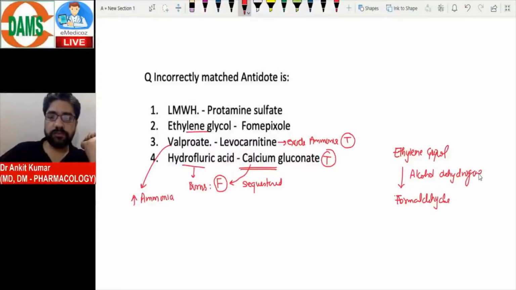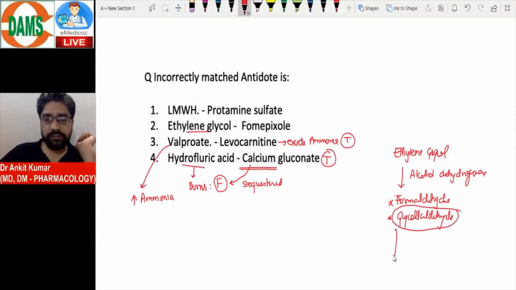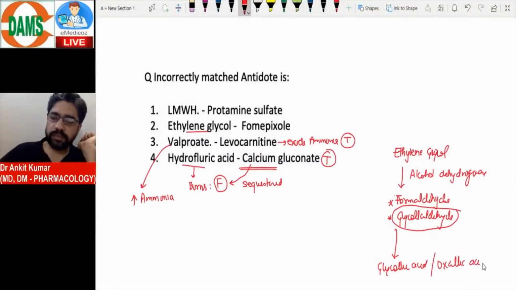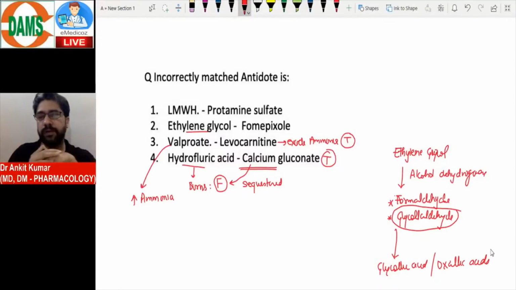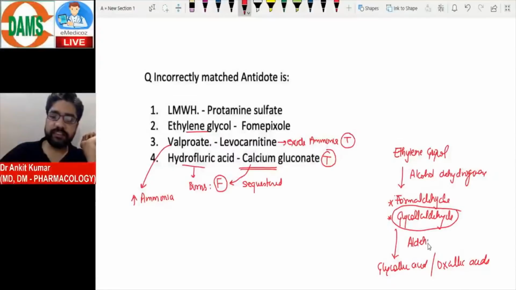It also forms various other metabolites like glycolaldehyde. Among them, glycolaldehyde is the major metabolite of ethylene glycol. After that, glycolaldehyde gets converted into glycolic acid plus oxalic acid, and it is converted by the aldehyde dehydrogenase enzyme.